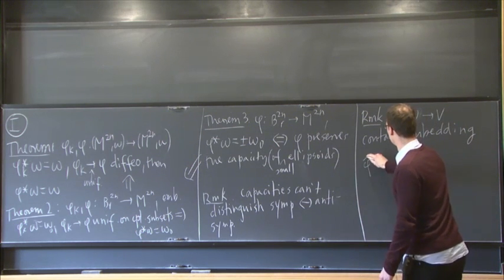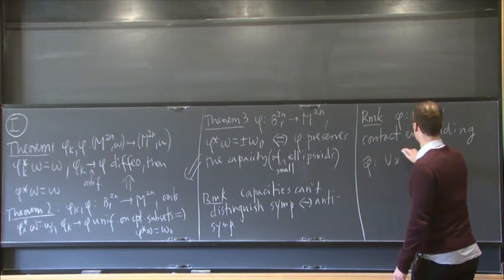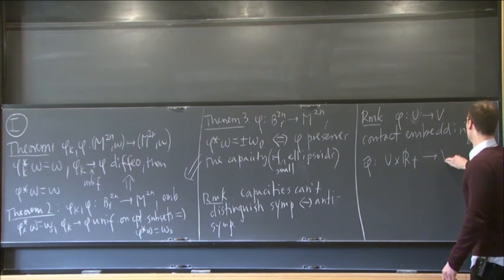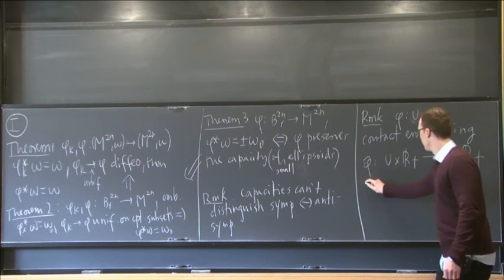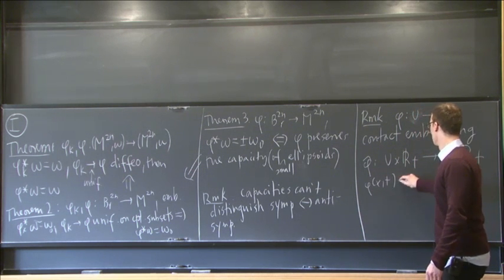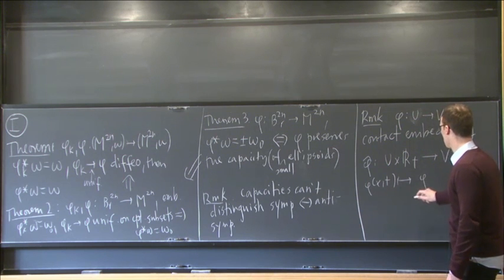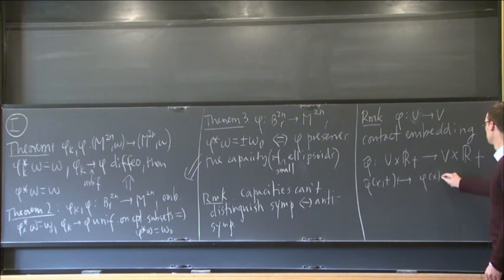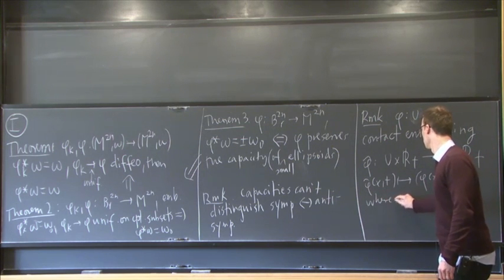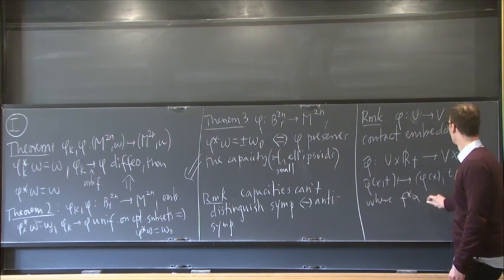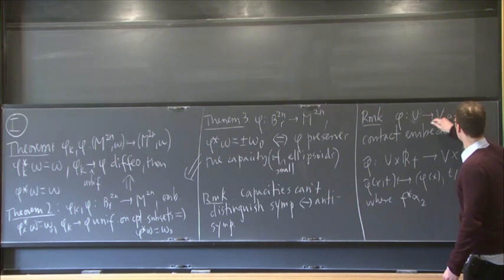And then there's a lift to the so-called symplectization, you add an R factor, which is simply defined as contact forms here.